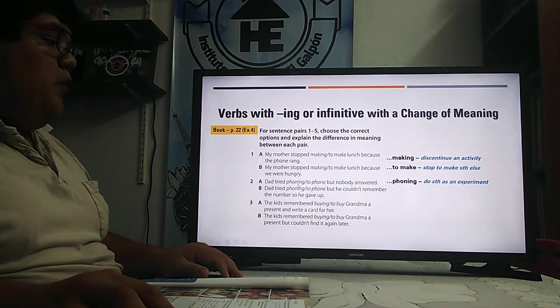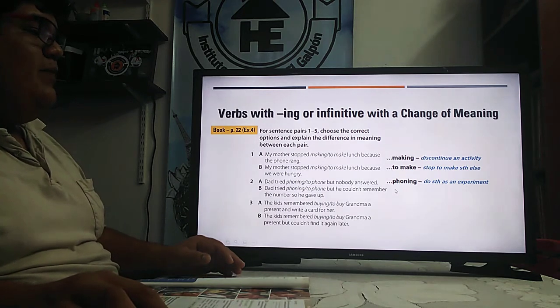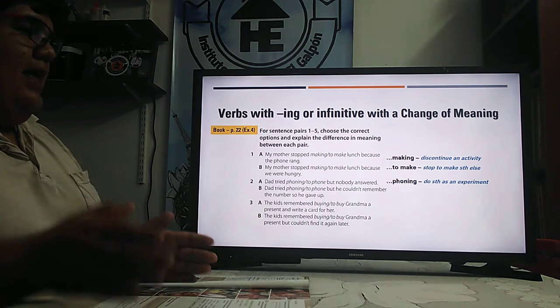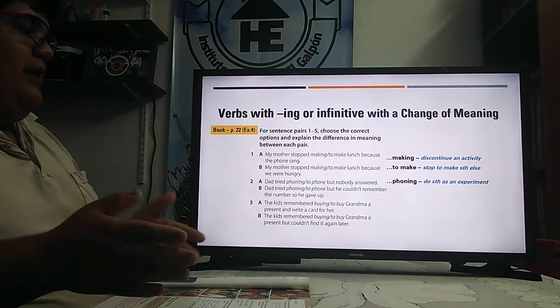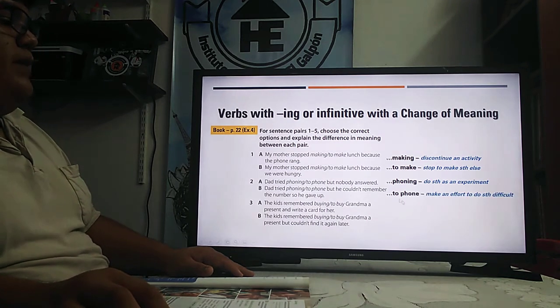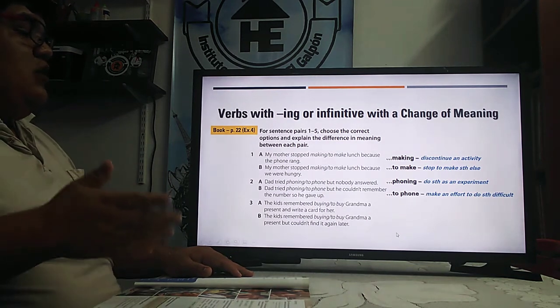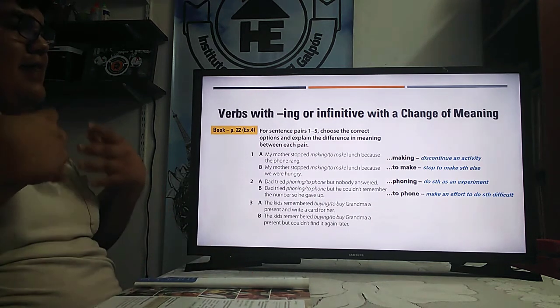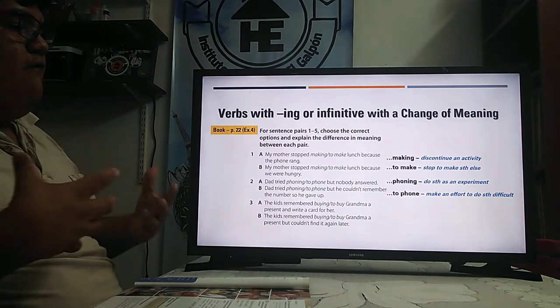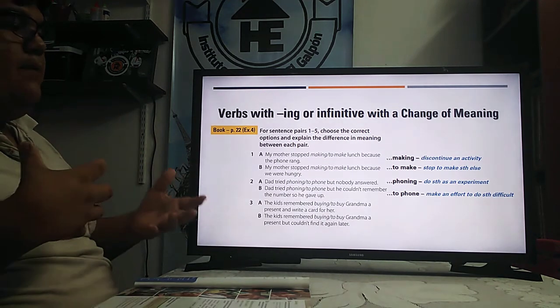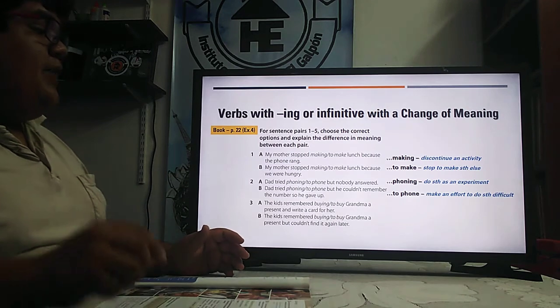That tried phoning, but nobody answered. That means that he did something as an experiment, okay? He tried to phone, but nobody answered. And in the second one, it is to phone because it means that he tried to phone but he couldn't remember the number, so he gave up. That is, he made an effort to do something difficult, okay? It was difficult for him to remember the number, okay?